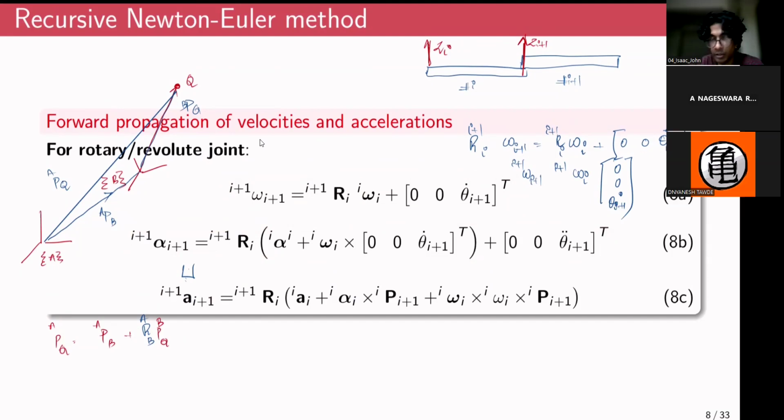So this was forward or inverse dynamics? Inverse dynamics, no, we are not talking about inverse dynamics. Ultimately, for inverse or forward dynamics to work, you would need to find out the velocities.